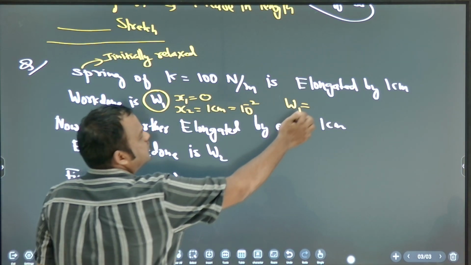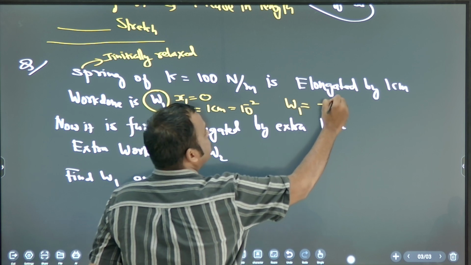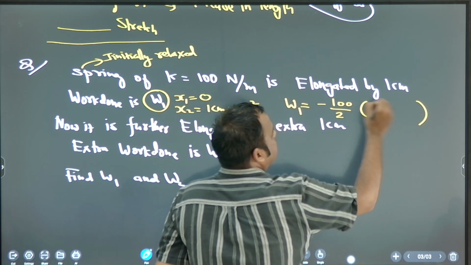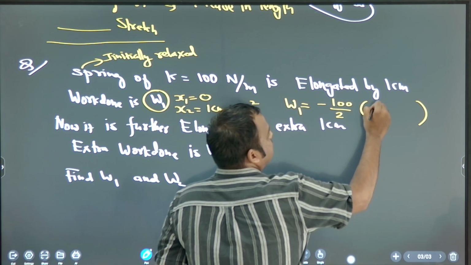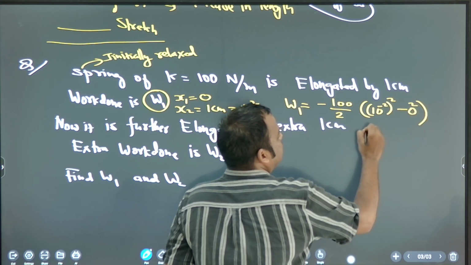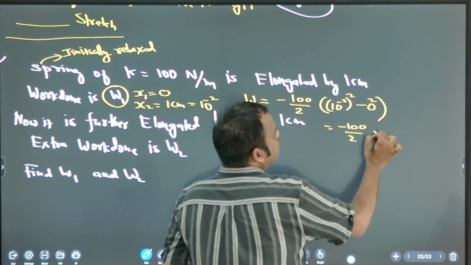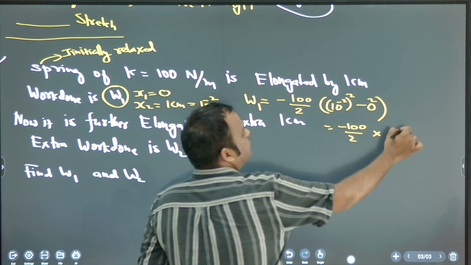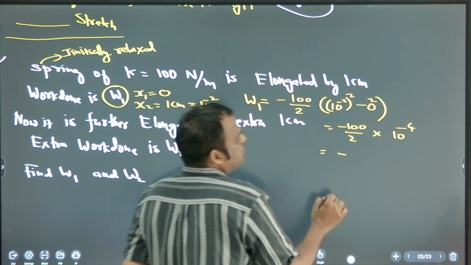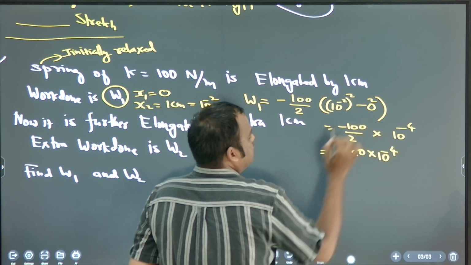What is the answer? So for W1, minus K by 2 into (10 power minus 2) square minus 0 square. So minus 100 by 2 into 10 raised to minus 4. So this is 50 into 10 raised to minus 4.